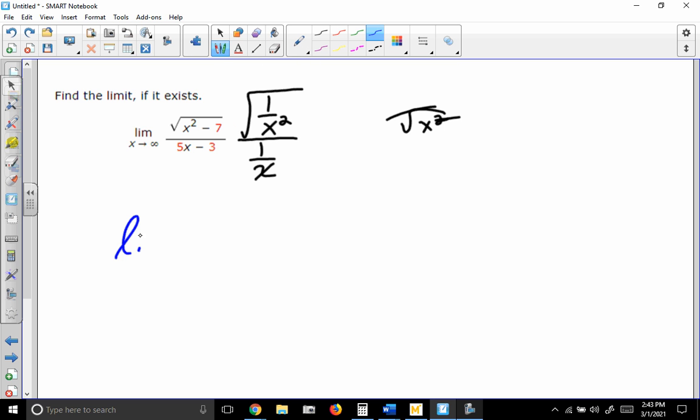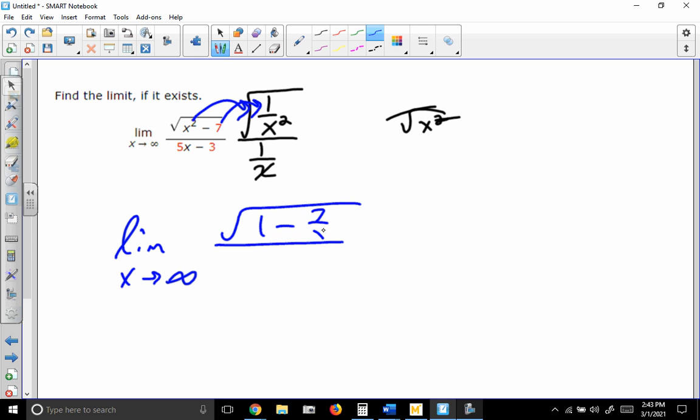So on top, when we distribute, x squared times 1 over x squared, the x squareds cancel, making 1. When we multiply the 7 times 1 over x squared, that's 7 over x squared. On bottom, when we distribute 5x times 1 over x, the x's cancel. And when we multiply by 3, we get 3 over x.